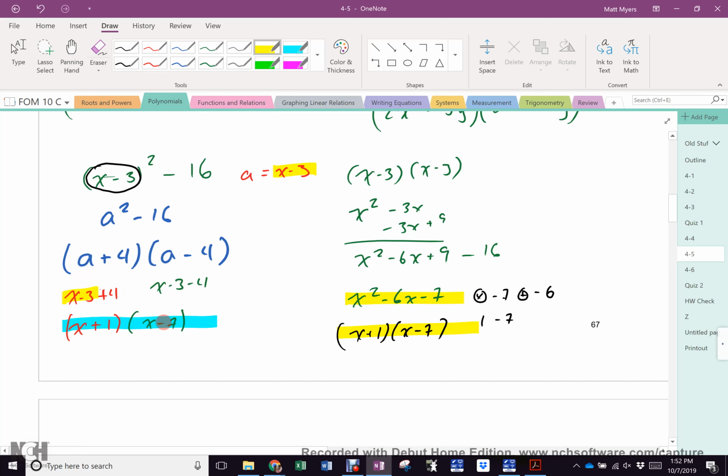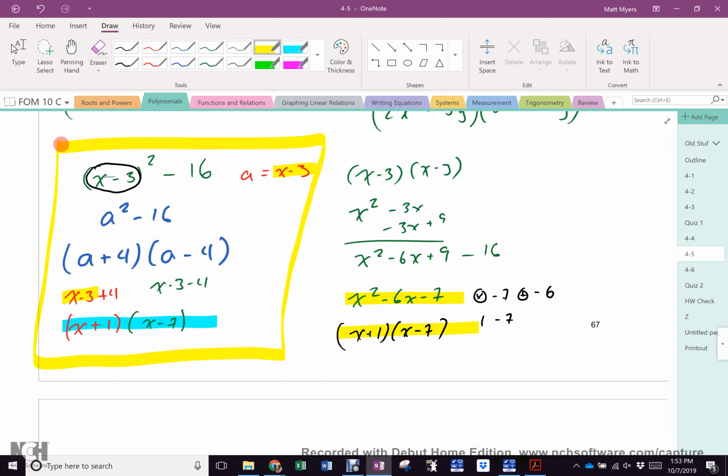Everybody cool? Do I care how you do it? Not at all. But this can be very useful later on. All right? But that being said, you can always expand. But please notice it's a bit more work.